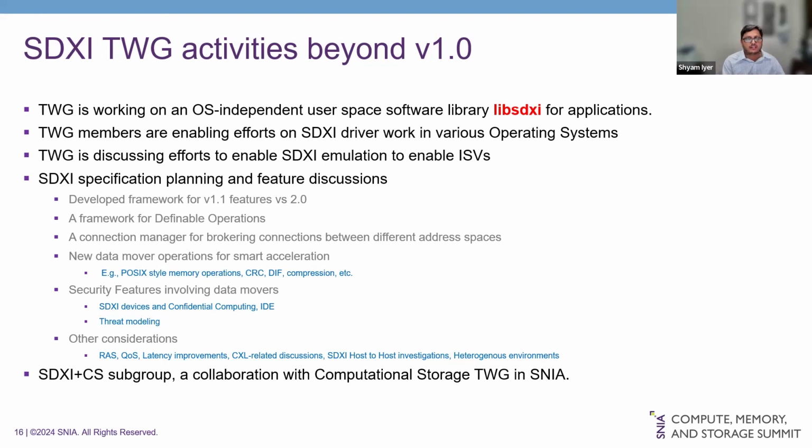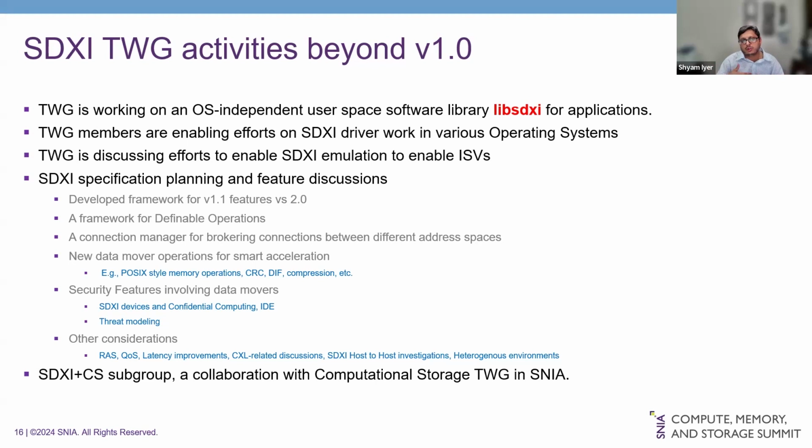When SDXI discusses data movement between different address spaces, version 1.0 of the specification addressed the steady state in which a connection has already been established, and then the accelerator performs a secure address space to address space data movement. In our planning right now, we are looking at a framework for brokering connections between different address spaces with the help of a connection manager.